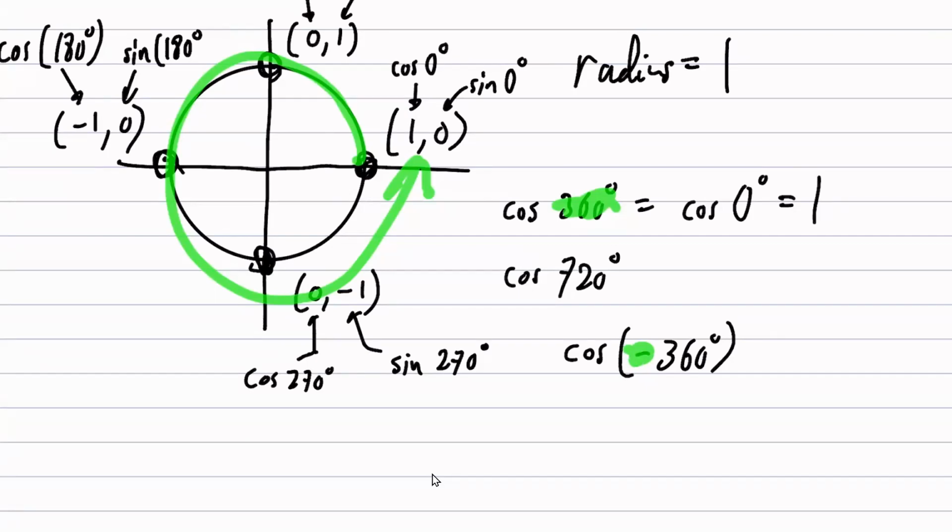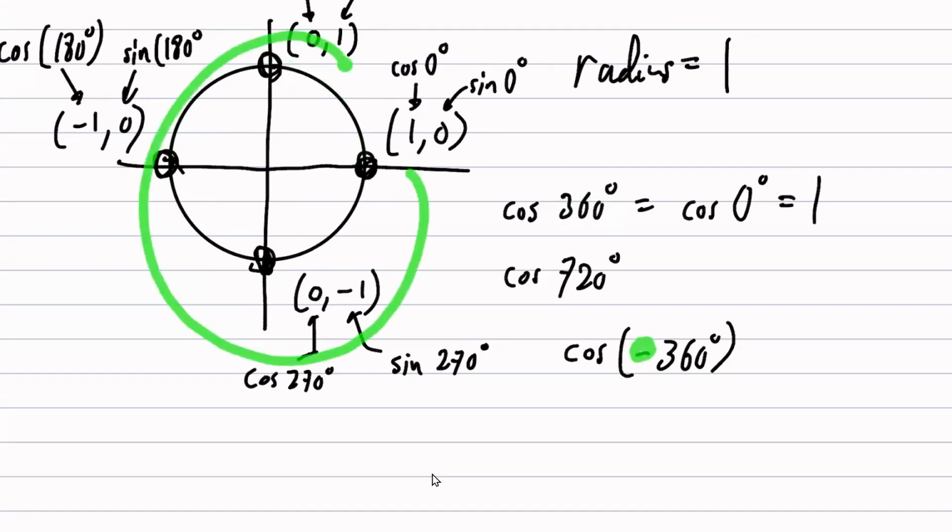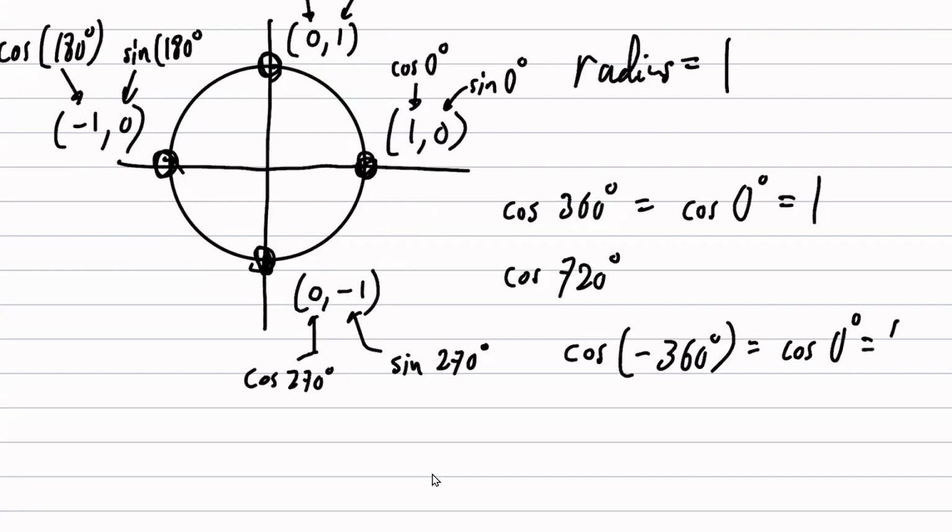Clockwise, yes, correct. The normal direction is the sun rising from the east towards the west, so anti-clockwise. But now we are having negative angle, so we turn clockwise instead. Make sense or not? So interesting. Now angles have a direction. So this is actually just cosine of 0 degrees, which is 1.